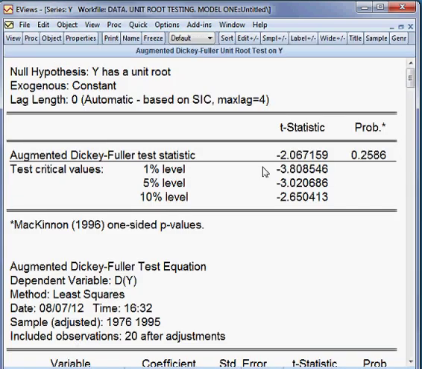This one is the unit root test, and this is the result.